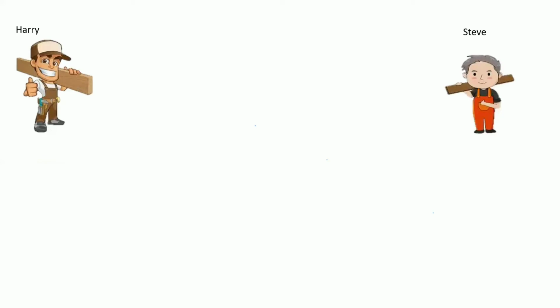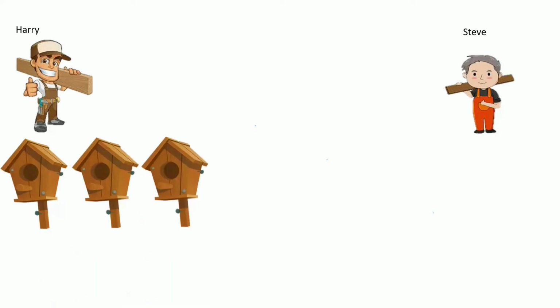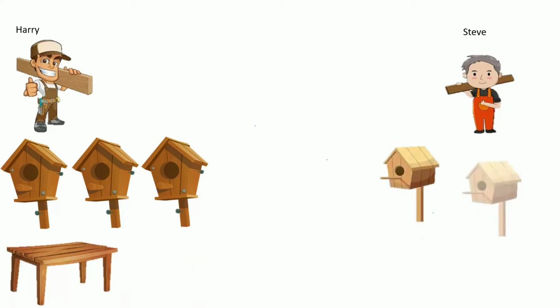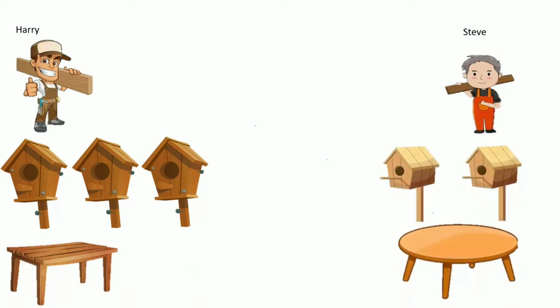So let's look more closely at the comparative advantage with the same example. Again, Harry can make 3 bird houses or 1 table, and Steve can make 2 bird houses or 1 table. For comparative advantage, we need to figure out what makes more sense for Harry and Steve to produce.